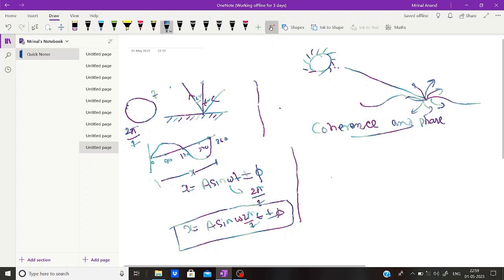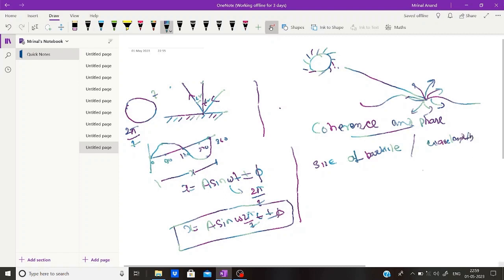Now the rough surface may deflect radiation in all directions with the loss of coherence and phase. So it will depend upon the degree of the scattering, upon the size of the particle, and also upon the wavelength.